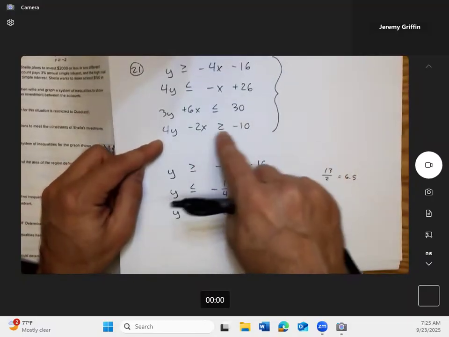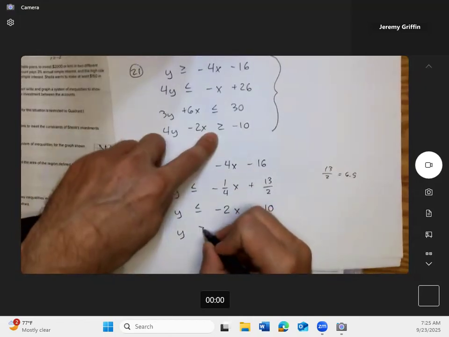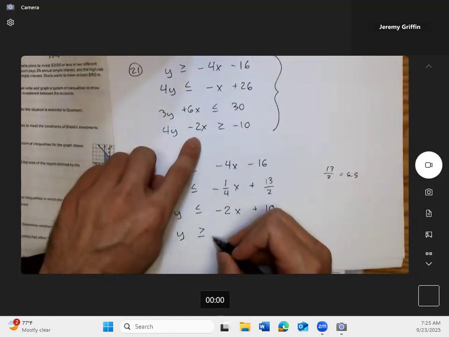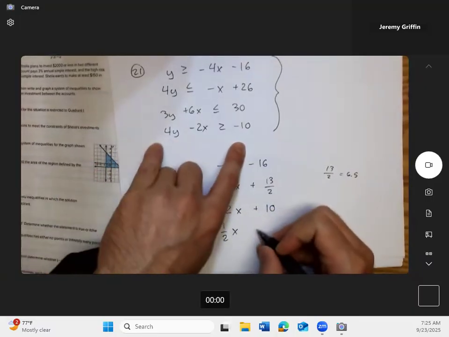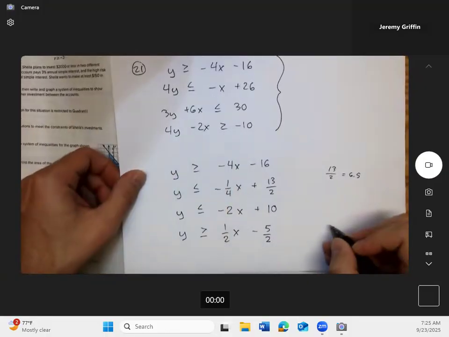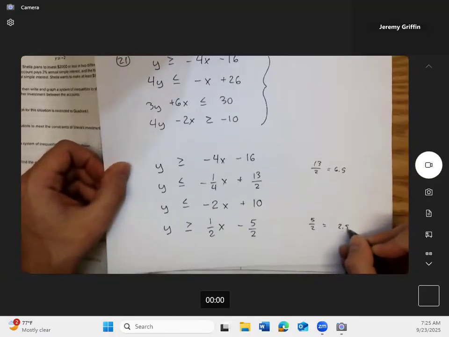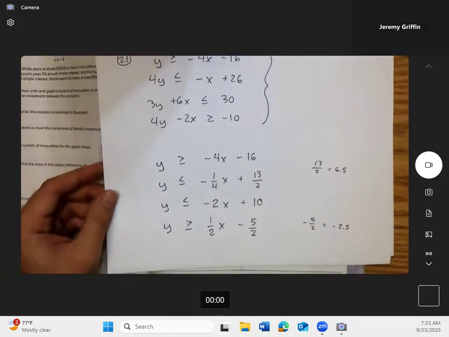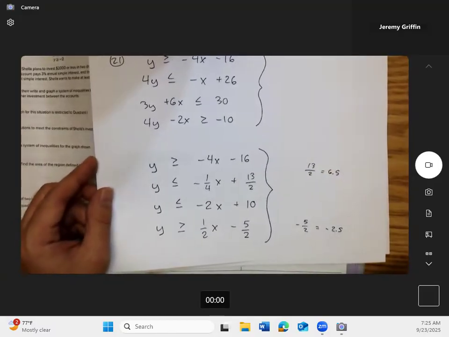This last one, if I add over the 2x and then divide both sides by 4, I'm getting y greater than or equal to 2x over 4, that'd be 1/2 x, then minus 10 over 4, that's minus 5 over 2, it reduces to, right? 5 over 2 is equal to 2.5, or if I keep the negative. And so there's my same system in slope intercept form.